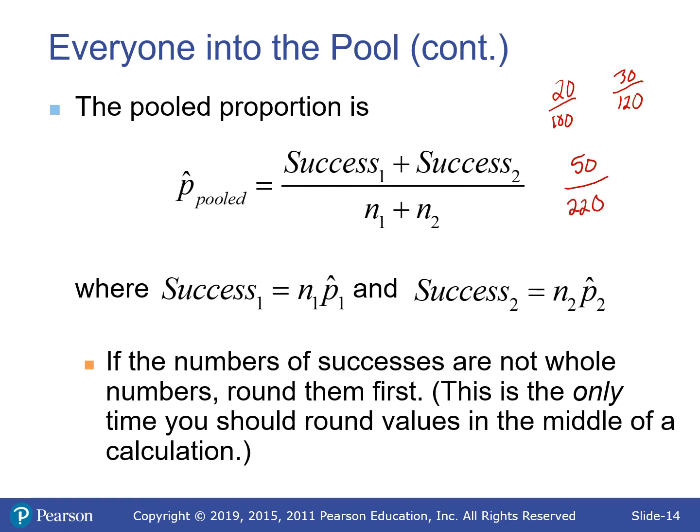Notice that is not just the two proportions added together, right? Because we would have to find common denominators. This is how you always really wanted to add fractions. Just add the tops, add the bottoms. You get your pooled proportion.